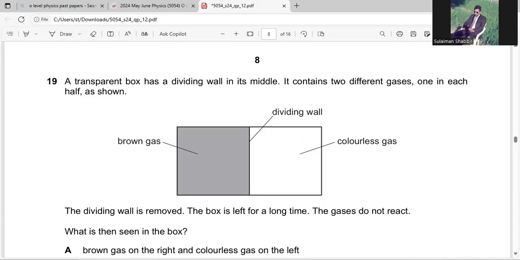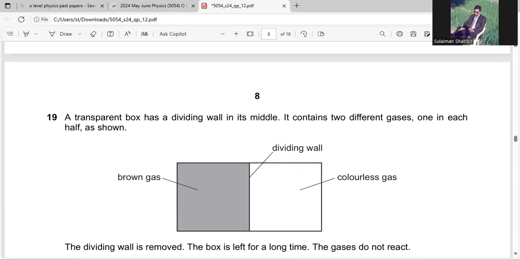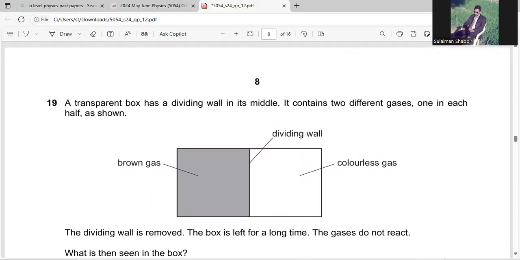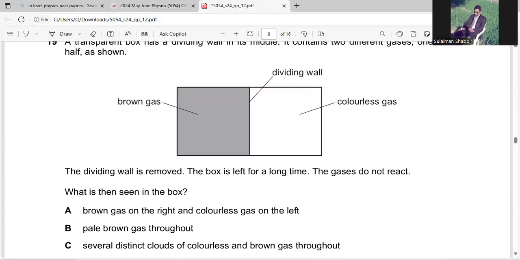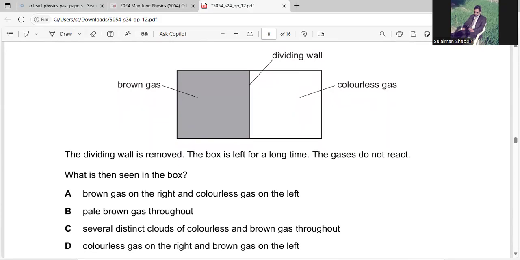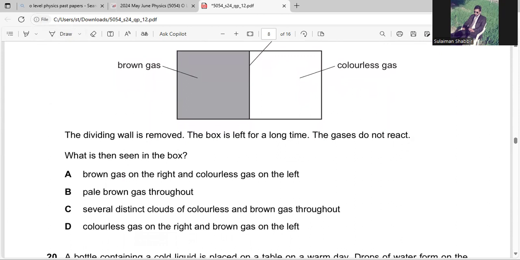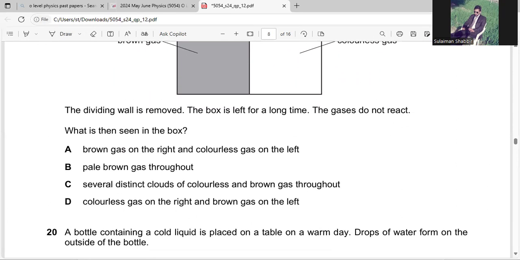A transparent box has been divided by a wall and it contains two different gases. One half shows colorless gas and the other brown gas. The dividing wall is removed and the box is left for a long time. The gases do not react. What is seen in the box?